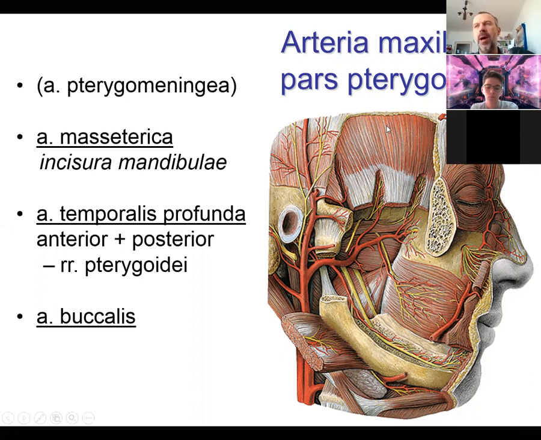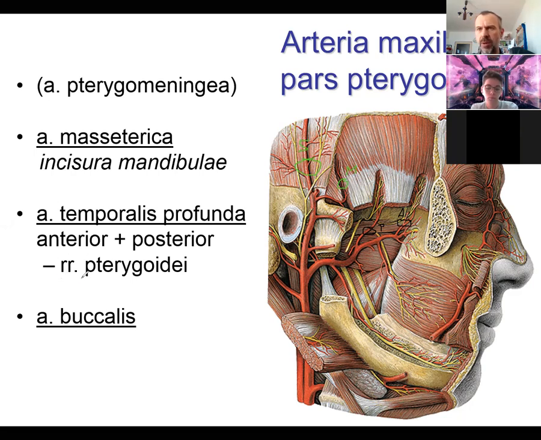Then the temporalis muscle. The temporalis muscle is supplied by two deep temporal arteries. So we have here the posterior and the anterior deep temporal artery. So then we know that we have 4 temporal arteries. We have the superficial temporal, the middle temporal, which is visible here, and then 2 deep, posterior and anterior deep temporal arteries.